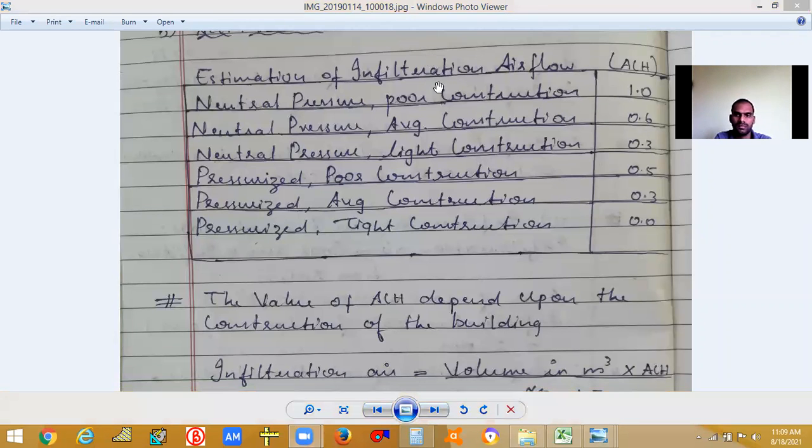How do we decide poor? Like if there are many windows and openings and all those things, we'll be taking it as average construction only. This is just to compare what type of building we are using. It won't make very much difference, but poor construction, average construction, light construction, in the sense of how we are building it.